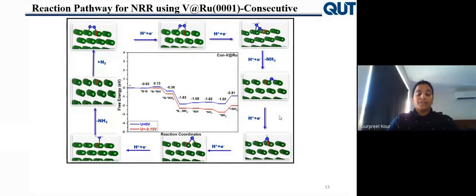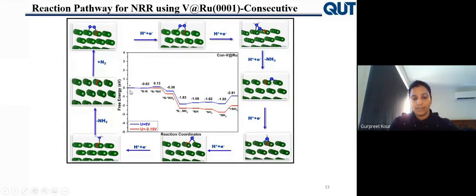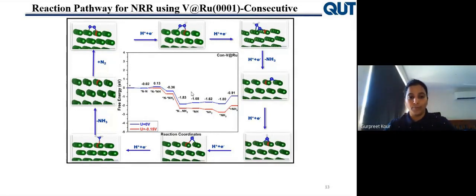Further, we calculated the free energy diagram for vanadium doped ruthenium 001 for the consecutive pathway. It's a thermodynamical pathway where the nitrogen, after this side-on adsorption, has an adsorption energy of minus 0.02 electron volt. The whole process consists of 6 elementary steps of proton-coupled electron transfer from nitrogen to ammonia.